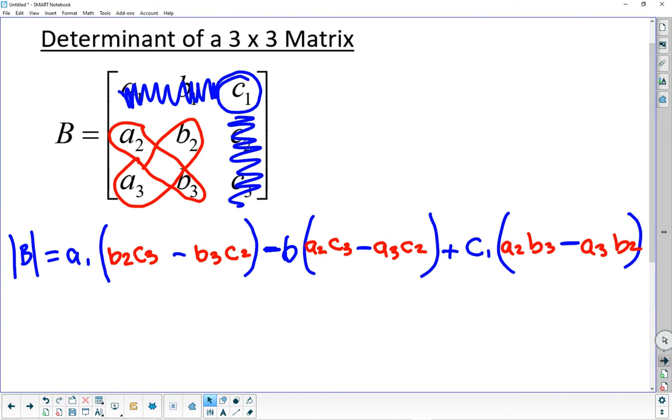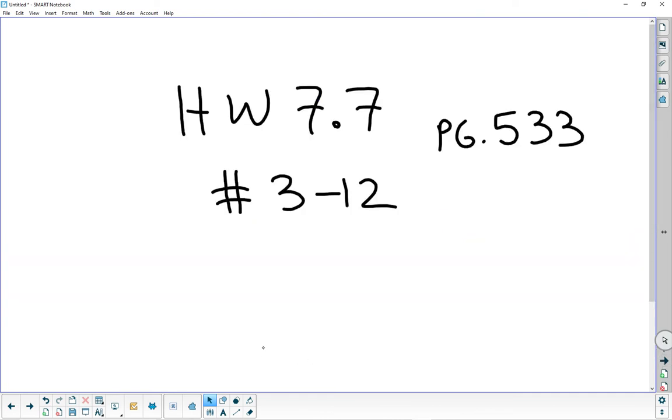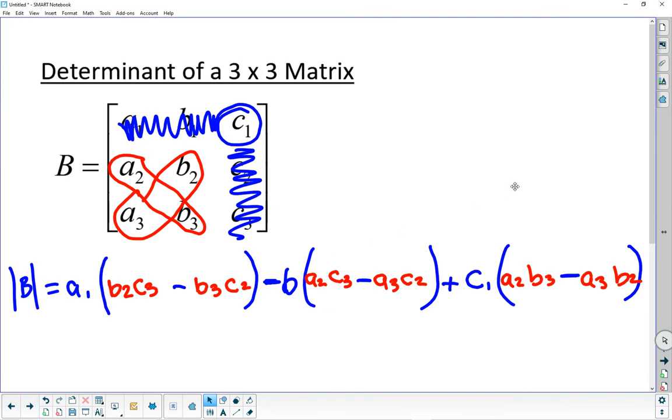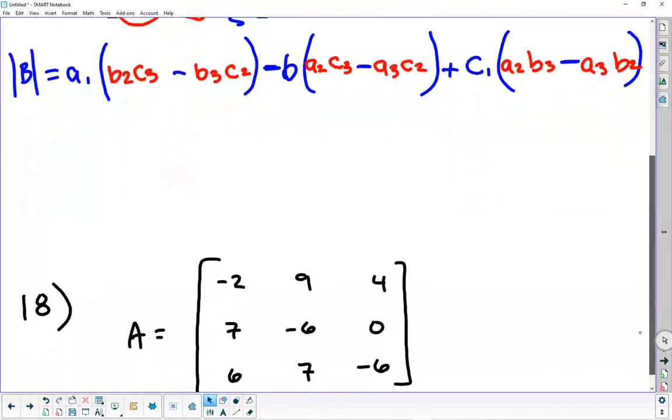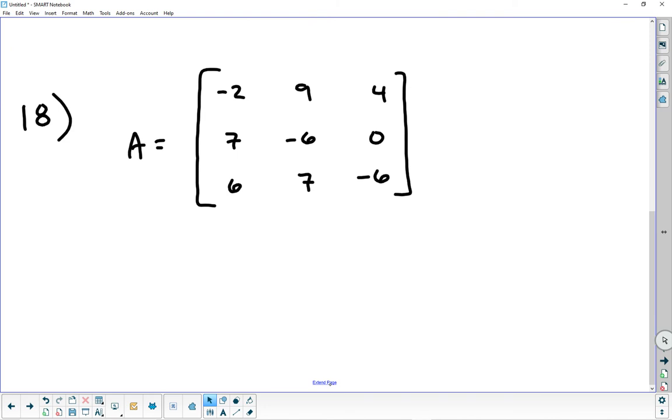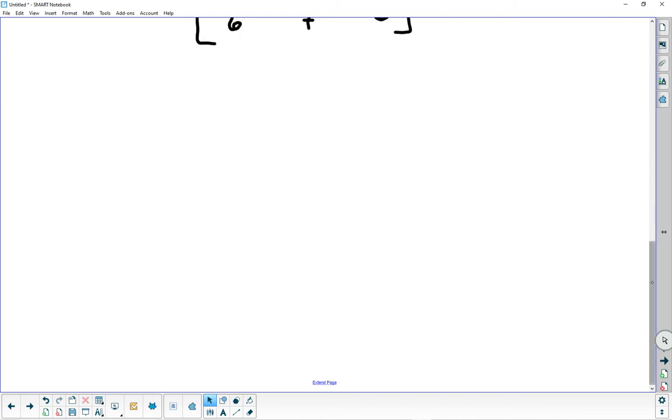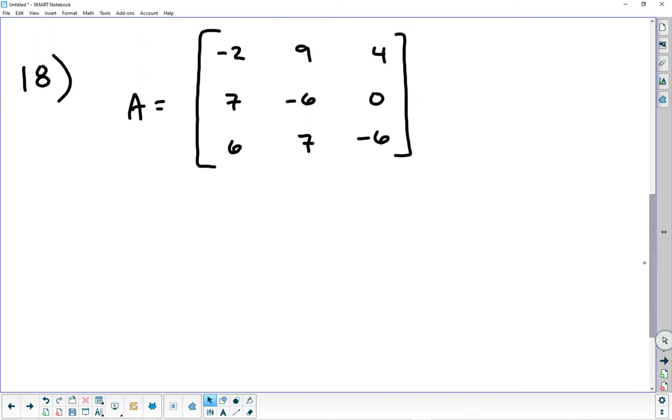Okay, so let's go and do a practice run. Oh, that's homework for tonight, but let's do a practice run first. Do I have an example? Oh, yes, I do. Okay, so if we want to find out the determinant of matrix A, so again, I'm going to go ahead and write this in a different way from what I wrote, because I like to write DT, so that way anybody who doesn't know anything about math can actually sort of figure out that this means determinant of matrix A equals.